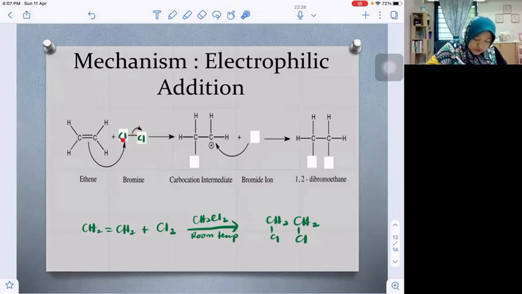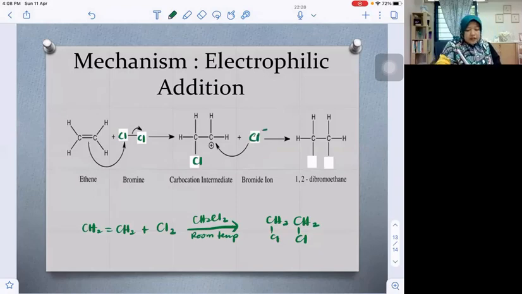This chlorine is then attached to one of the carbons, so it will form this arrangement, and it makes the second carbon become a carbocation. This other chlorine then turns to Cl minus.